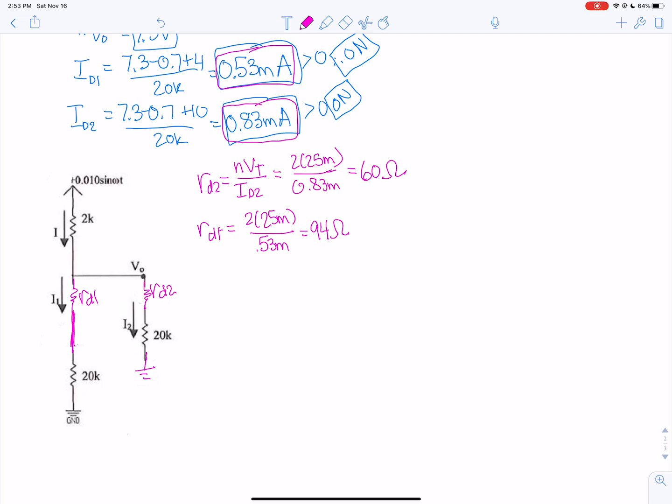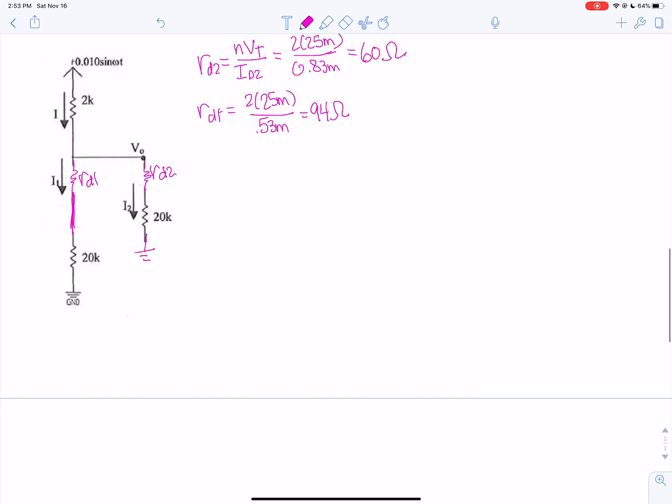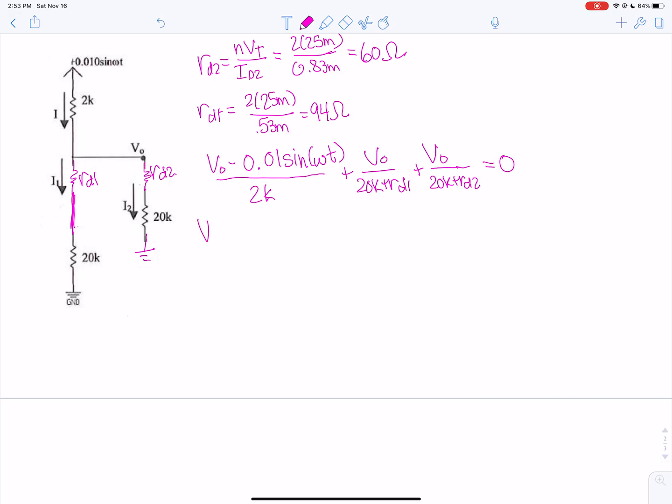Now we want to analyze the circuit. Again, we can use node voltage. So we can use V0 minus 0.01 sine omega t over 2K, plus V0 over 20K plus RD1, plus V0 over 20K plus RD2, equals 0. Then we can combine all of the V0 terms.